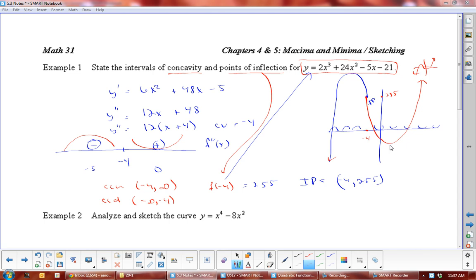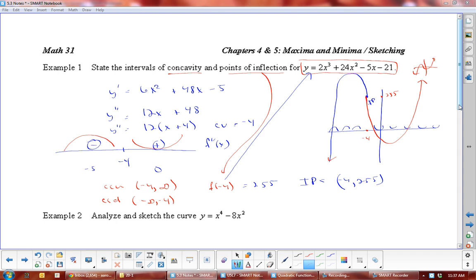And these are concave up, and if I had an inflection point here for the first derivative, that would have to be a relative min. Okay, so there's kind of two ways to check if it's a relative max or min. You could do your intervals of increase and decrease, or you could do the second derivative at that point and go, hey, between there it was concave down. Oh, it must be a relative max.